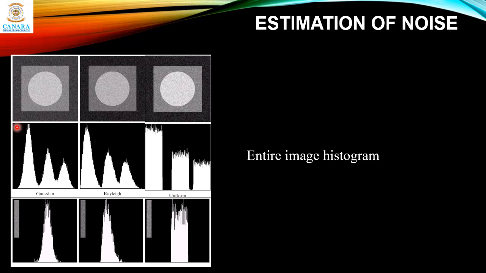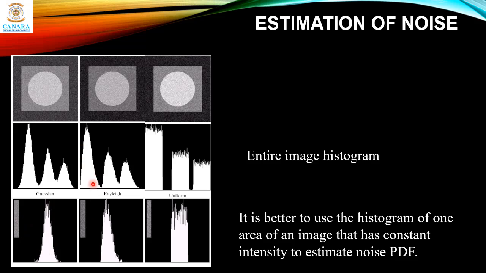Okay, so I'm just considering one particular strip around here. So this piece is here, and if I plot the histogram of it, this will be the outline. Okay, for this image this will be the outline, and you can see the shape is quite evident here for Rayleigh or Gaussian. So it is better to use the histogram of one area of an image that has constant intensity to estimate the PDF.